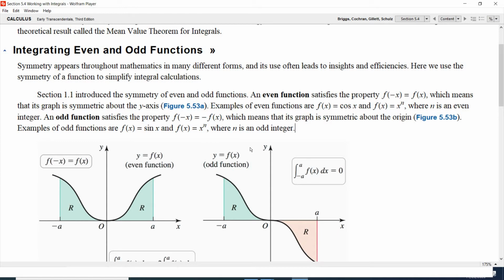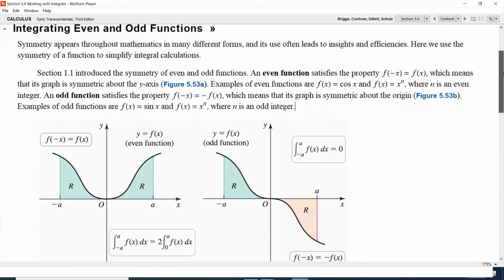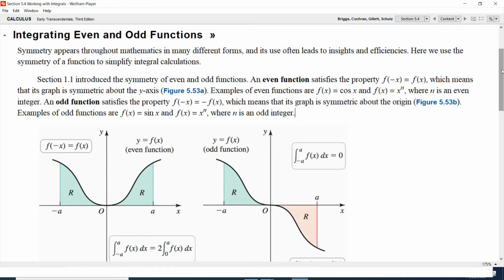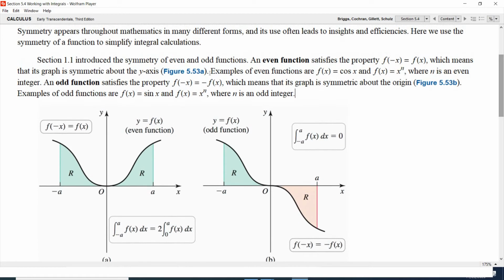Okay, so having said that, let's look at the role that integrals play with respect to this idea of even and odd functions. So let's suppose you wanted to find the definite integral from minus a to a for this function here.